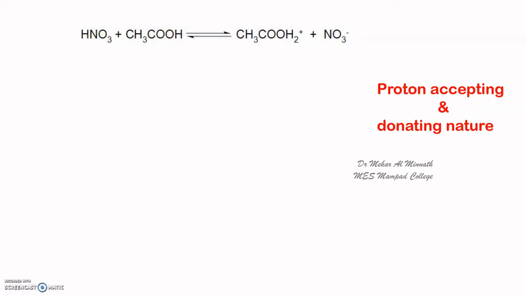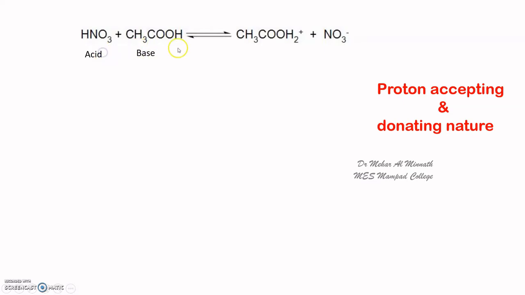We know that in aqueous media, nitric acid is very strong. It ionizes readily, it gives away the proton readily. Now in this case, we have nitric acid and acetic acid. HNO3, nitric acid, is the proton donor, so it is the acid, and acetic acid accepts the proton, so it is the base.